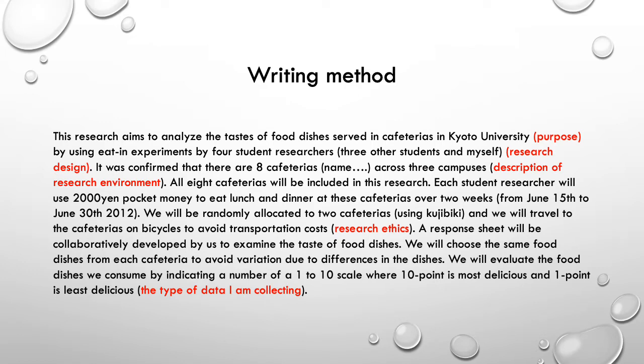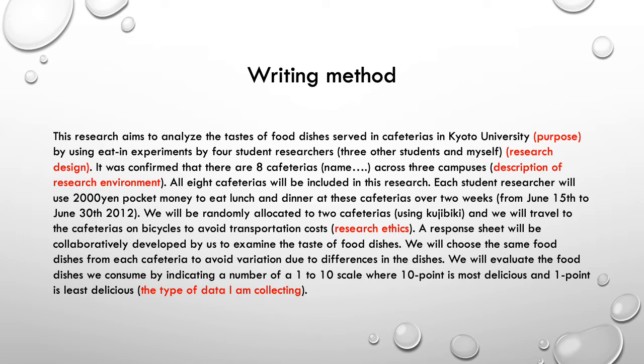Often, the first sentence in the section or the first sentence of the paragraph is the most difficult. So I always recommend my students to start their method section with the purpose. In this case, this research aims to analyze the food dishes in cafeterias. Okay?